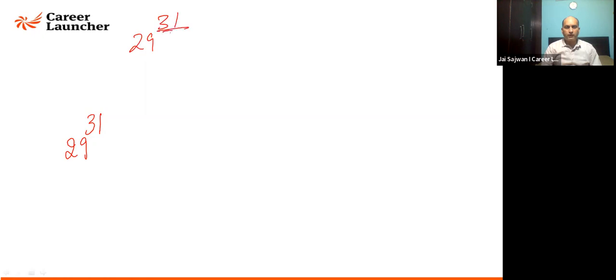29 to the power of 31 divided by 20. Remainder is 11 only. 29 square, it is 21 less, that is 41. 29 to the power of 4 is 41 square, this is 9 less.